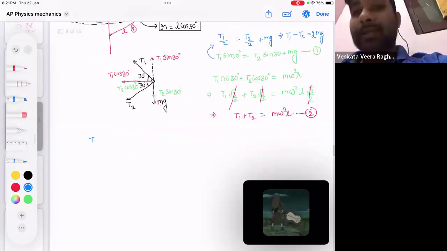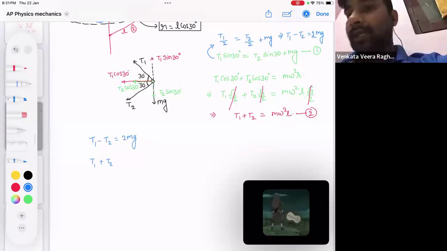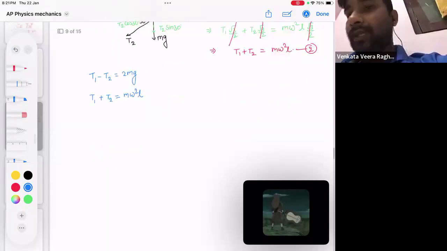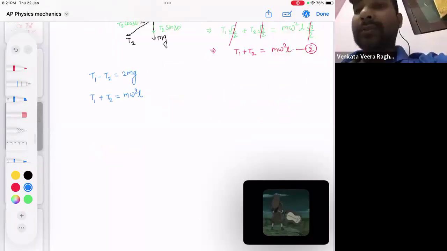One equation is T1 minus T2 equal to 2 mg, and the other is T1 plus T2 equal to m omega square L. Now we can simplify these two equations and get T1 and T2.